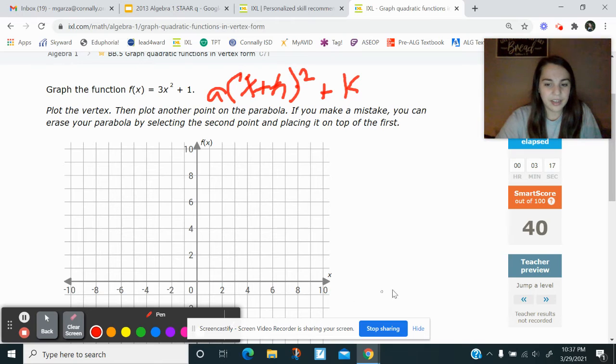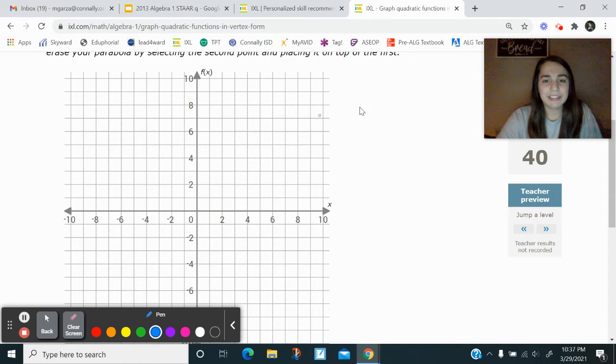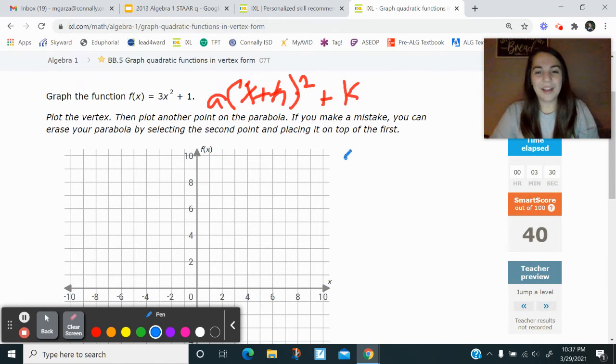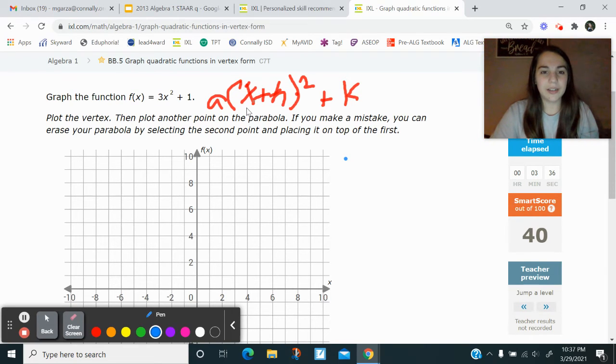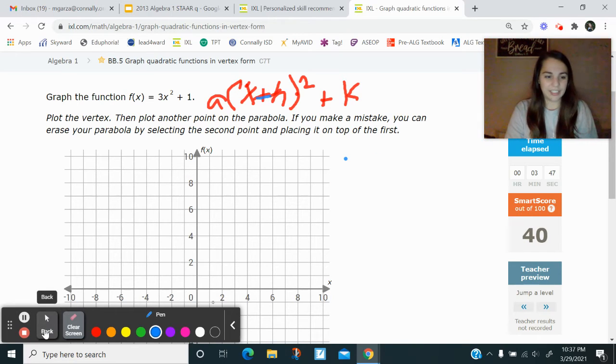You guys, I'm so sorry. Okay, we're going to pretend that, oh my gosh. I'm sorry. I tried really hard to do this, but I can't do it. We're going to pretend that was a minus sign the whole time. You know what? Technology. Okay, is this going to work now? Oh, there we go.